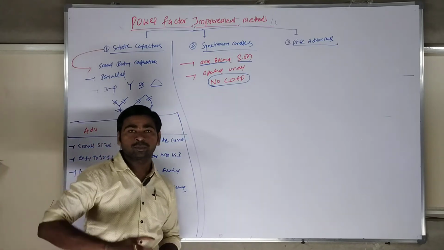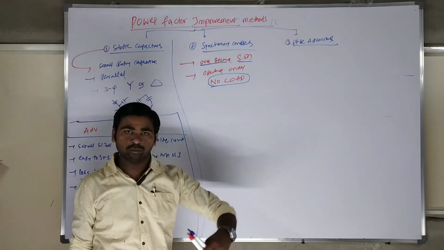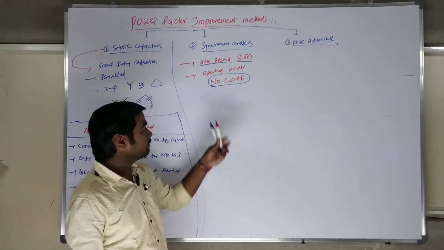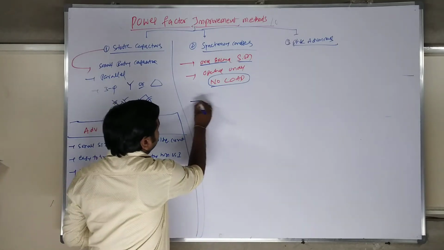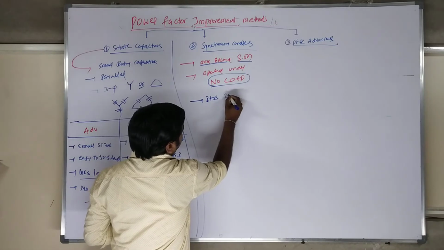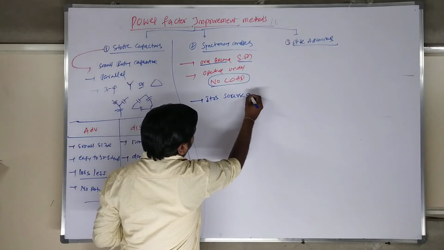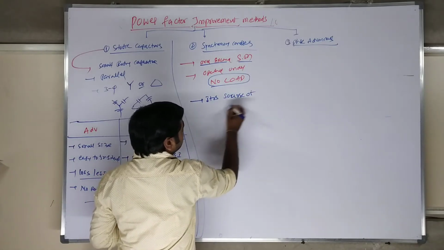Overexcited means the machine is ready to send reactive power to the loads, so it becomes a source of reactive power.